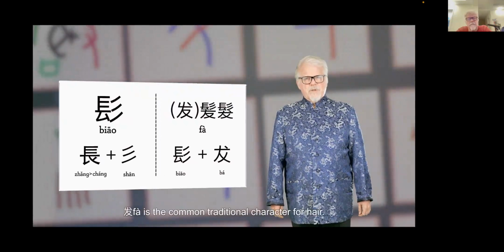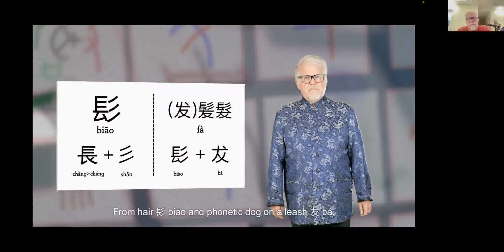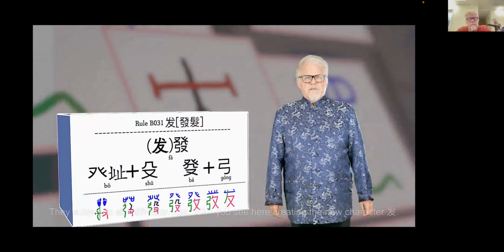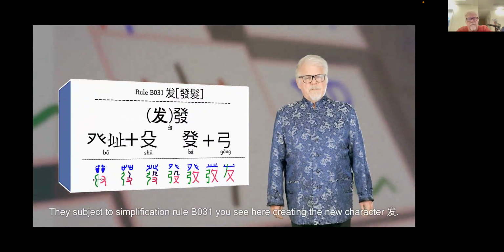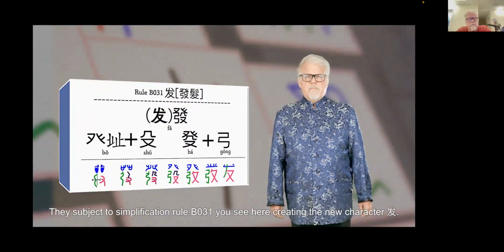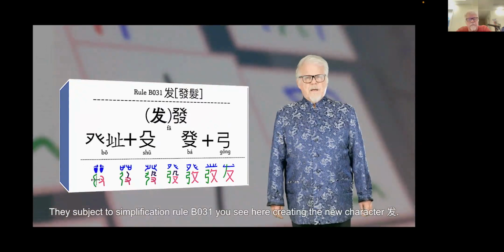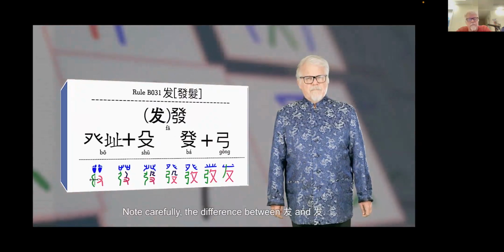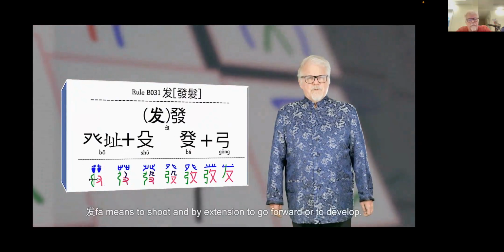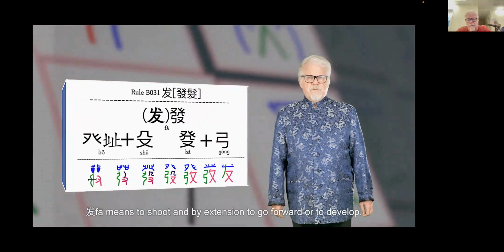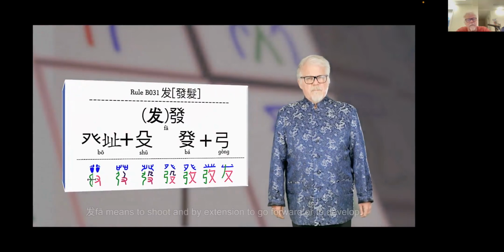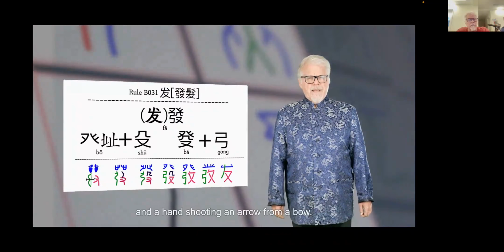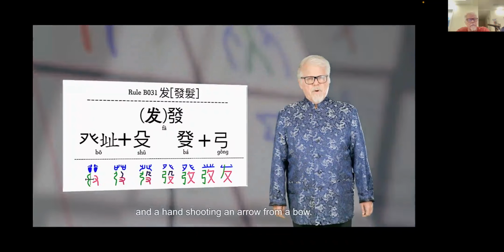Fa is a common traditional character for hair, from biao and the phonetic dog on a leash, ba. It is subject to the simplification rule B031, you see here, creating the new character fa. Note carefully the difference between ba and fa. Fa means to shoot, and by extension, to go forward or to develop. Originally, bo, feet, going forward, and a hand shooting an arrow from a bow.